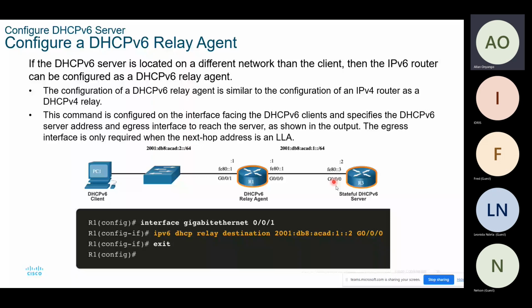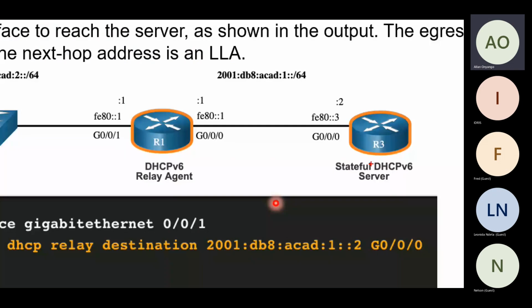Let me show you how to identify that IPv6 address. This is the interface G0/0/0 right here. We know very well that the network between R1 and R3 has the network address 2001:DB8:ACAD:1::/64. And we know from our previous lessons that where the double colon is, you just need to replace it with :2 to tell you the IPv6 address of this interface.